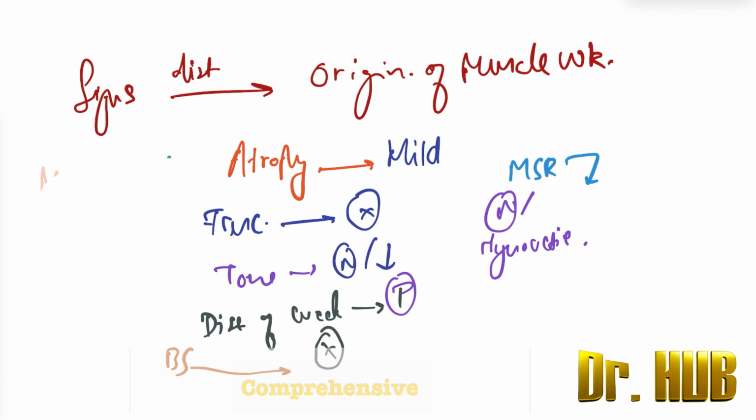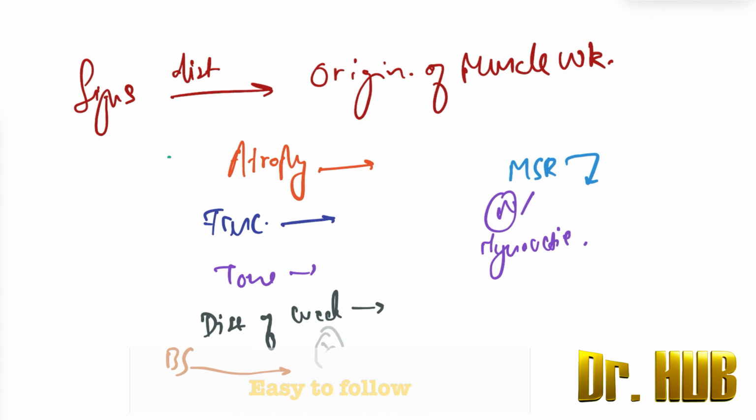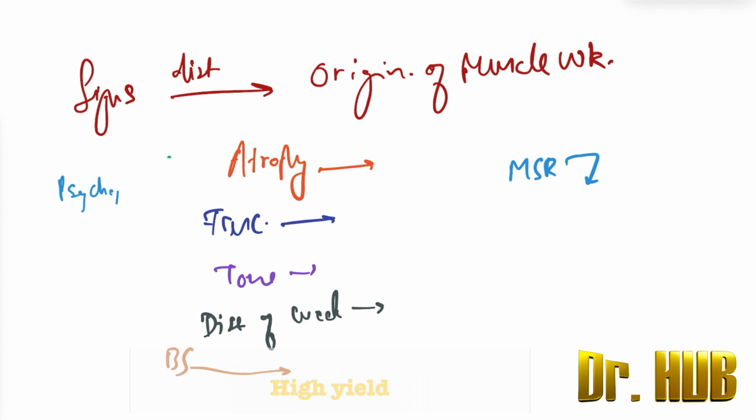Next, we are going to look at the psychogenic. Under psychogenic, the atrophy is none. Fasciculation is none.